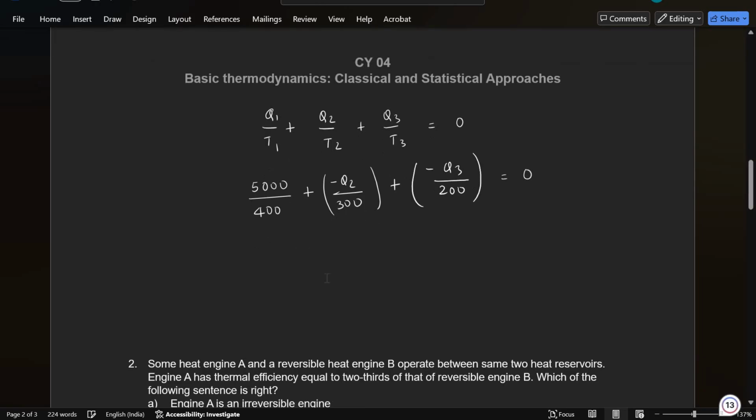So now we just need to simplify. I'll just take it to one side: Q2 by 3 plus Q3 by 2 is equal to 5000 by 4, right?